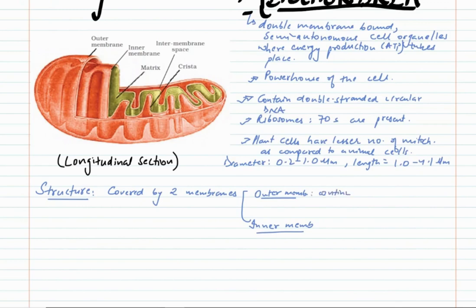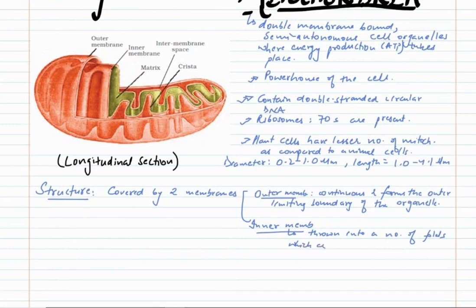The outer membrane is continuous and it forms the outer limiting boundary of the organelle. The inner membrane is thrown into a number of folds which are called as cristae.